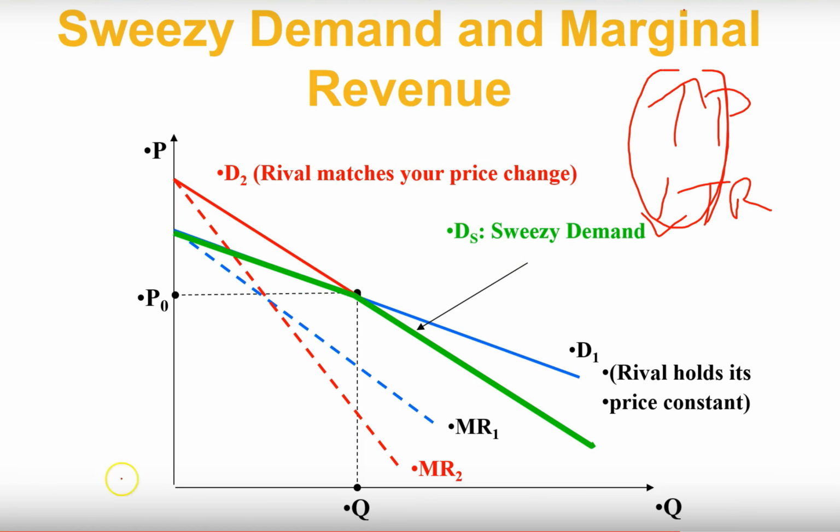So what would happen if they lowered price then? Let's try this again. Now, if they lower price, they move along the steep demand curve here, right?